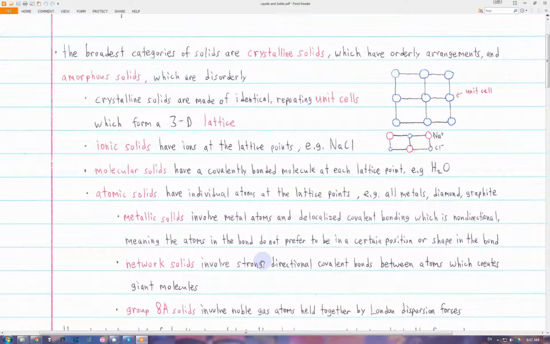It's just a big chain of atoms that doesn't have a beginning or end. Now group 8A solids involve the noble gas atoms that are held together by London dispersion forces, because remember, the noble gas atoms don't usually make bonds with other atoms.